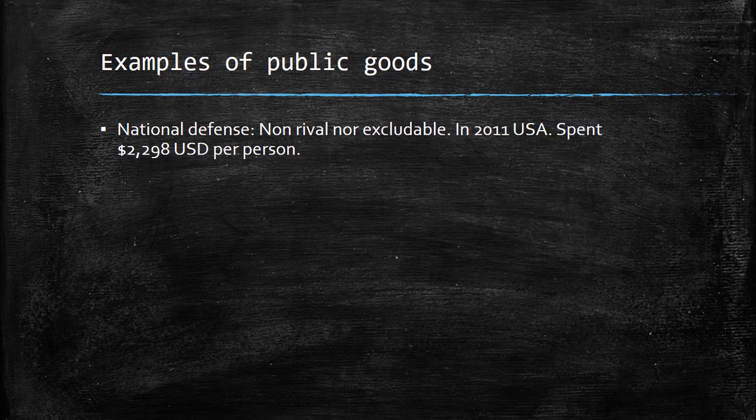It's a really expensive good for Americans, because it is neither rival nor excludable. For example, in 2011 the USA spent $2,298 per person on national defense. So this is one famous example of a public good.